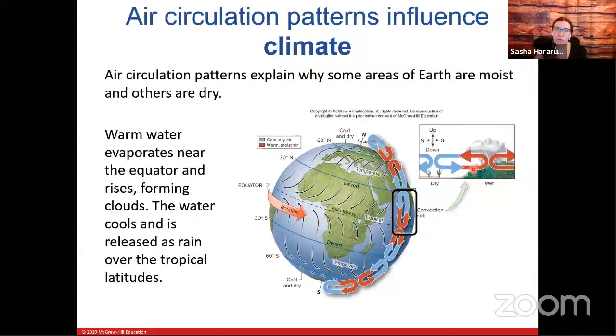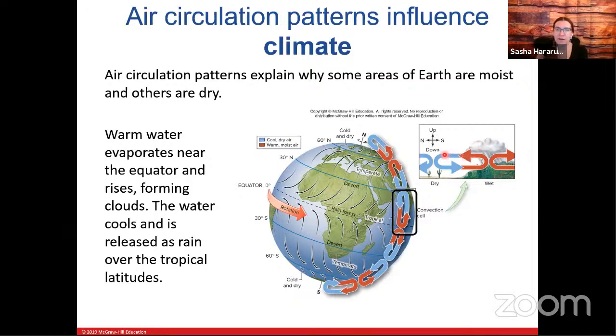So the evaporated water, the warm air, carries the water and it rises to the sky. Okay, and once the warm air full of water rises to higher elevations, the air cools down, the water condenses, and it falls back along the equator as rainfall.